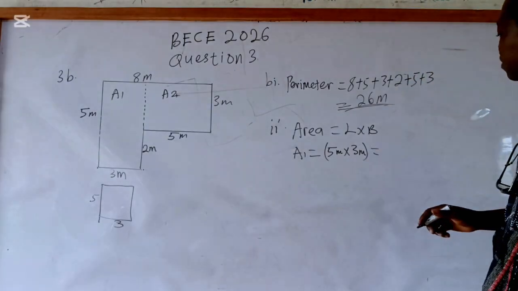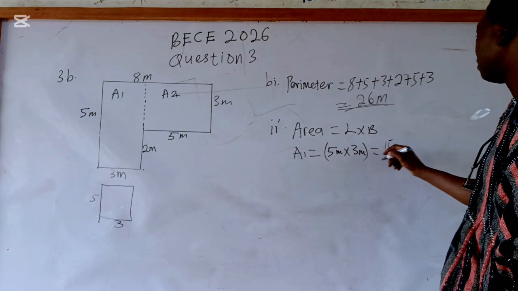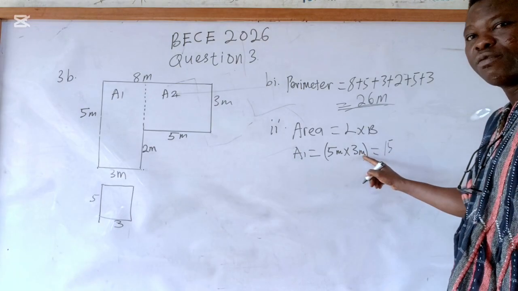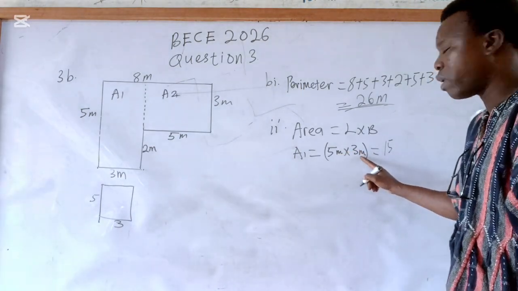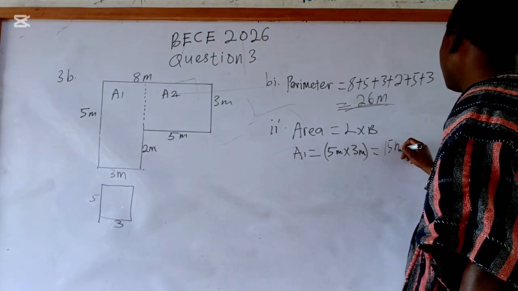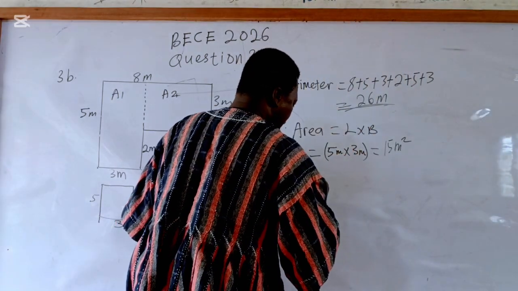When you are multiplying meters, that's m times m is m squared. So I'll get 15 meters square.